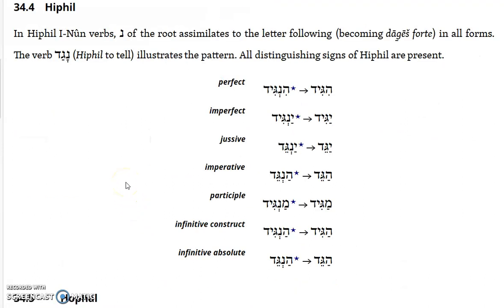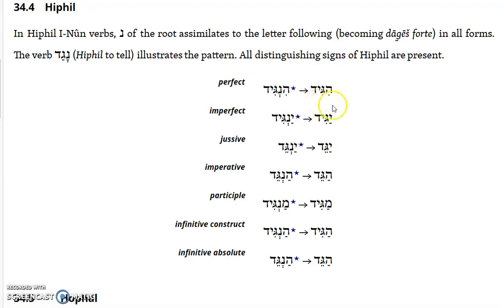It turns out you'll also get assimilation of the nun in first nun verbs in the hiphil. So with the perfect, the hypothetical form should be hingid for nagad in the hiphil, which means report or tell. But the nun assimilates into the gimel, and you get a doubling there.